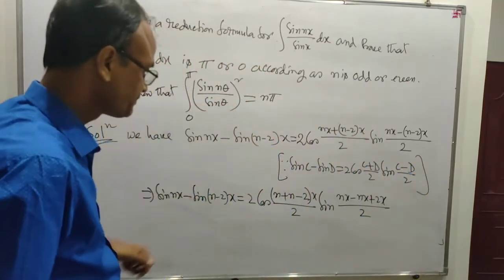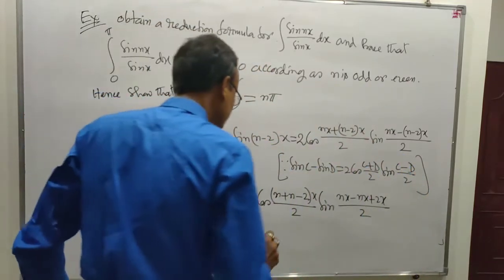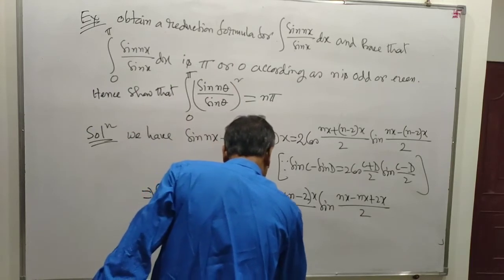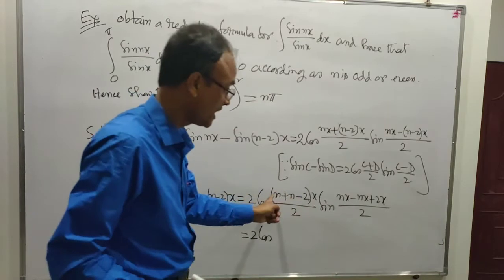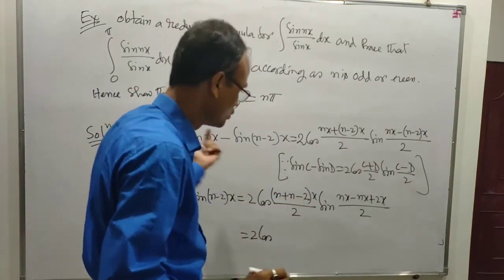Am I right? And this is equal to 2 times cos of (2n minus 2) into x, where 2 is common.